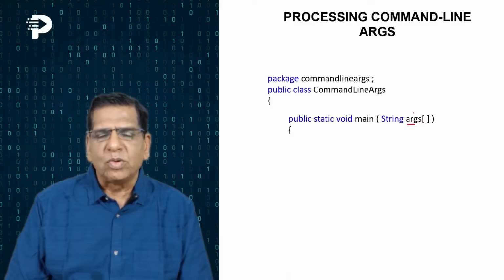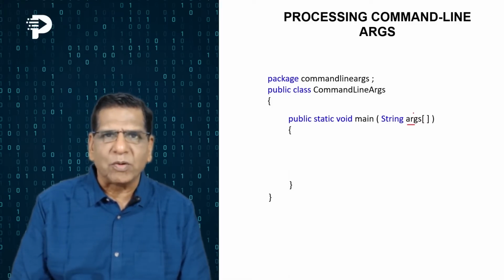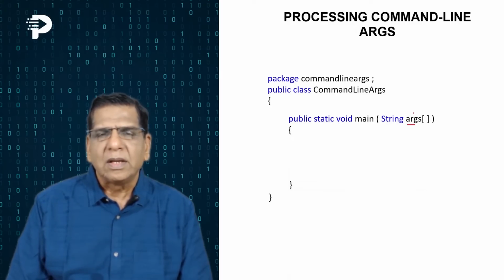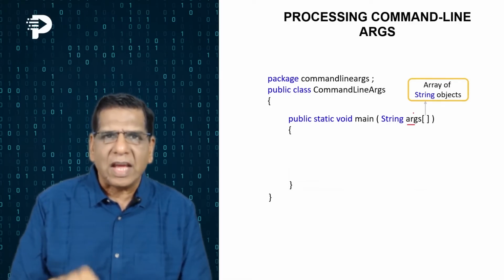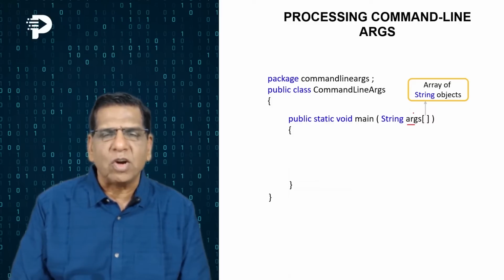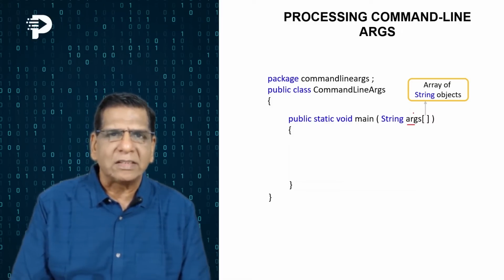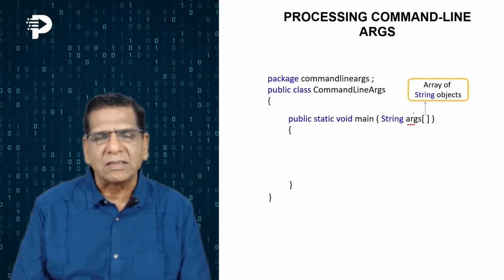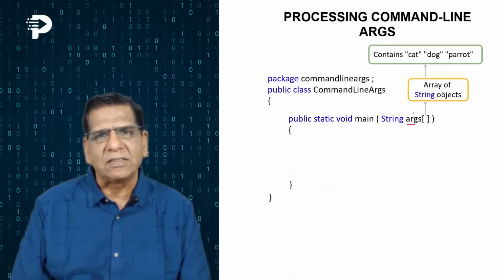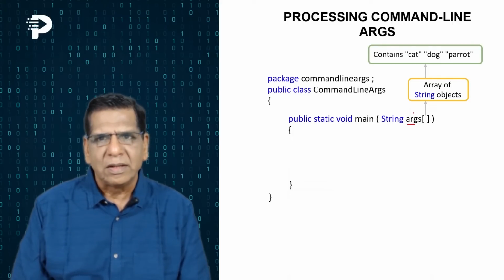Now if I am to access what has been provided as input for the program through this args array, I have to understand that this array is really an array of string objects. And since it's an array, I can access the elements of that array using the index. So I can very well say that if args contains cat, dog and parrot, then cat will be accessible to me by saying args[0].